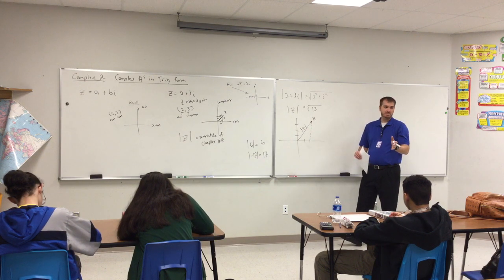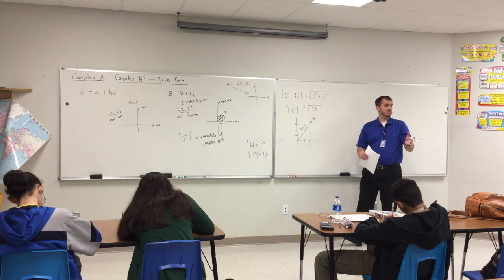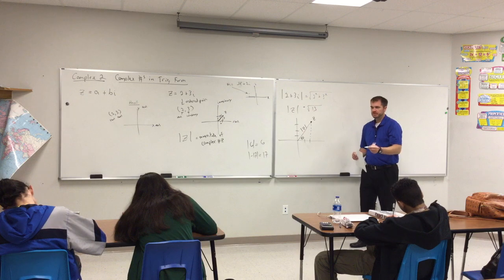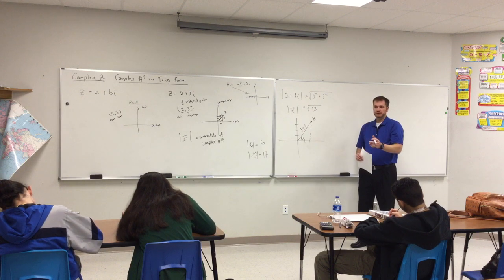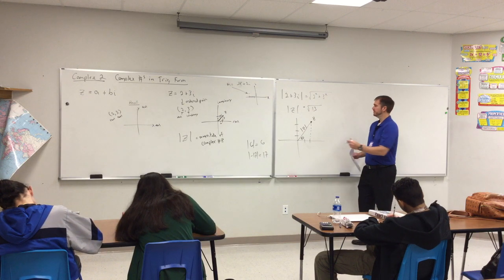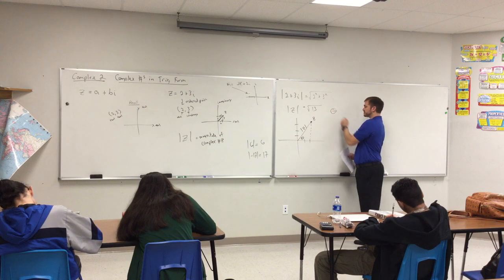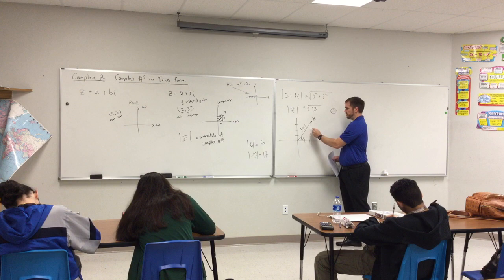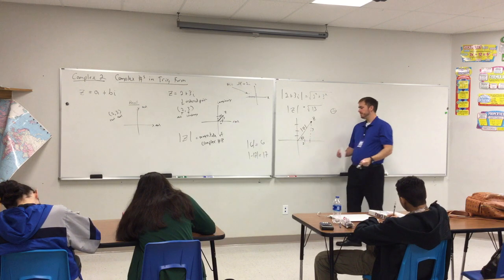But we can also talk about its angle. Now this gets really weird. The angle of a number, and we call that theta. So 3 there, and 2 there.